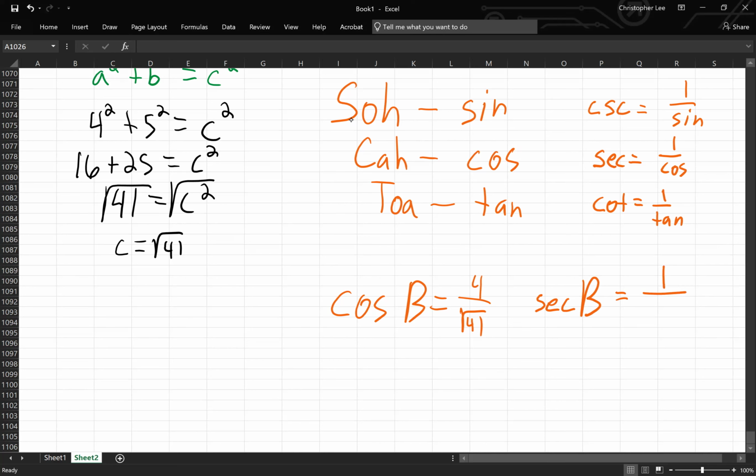This would be 1 over 4 over the square root of 41. When you do the math, keep change flip, this is just square root 41 over 4. So when you have those other three, you flip the answer that you got for the first one. For cosine of B, I got 4 over square root 41. Secant of B is the reverse, square root 41 over 4. That's the other ones right there.